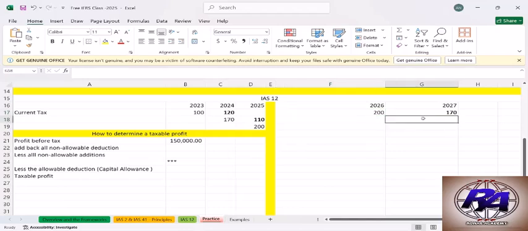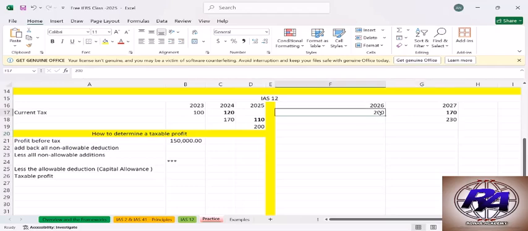Assuming that in 2027 we are making a provision of 260 tax, we need to reduce this tax by our over provided tax, which is going to be 30, because the difference between what we actually made a provision for and what we actually paid is 30.